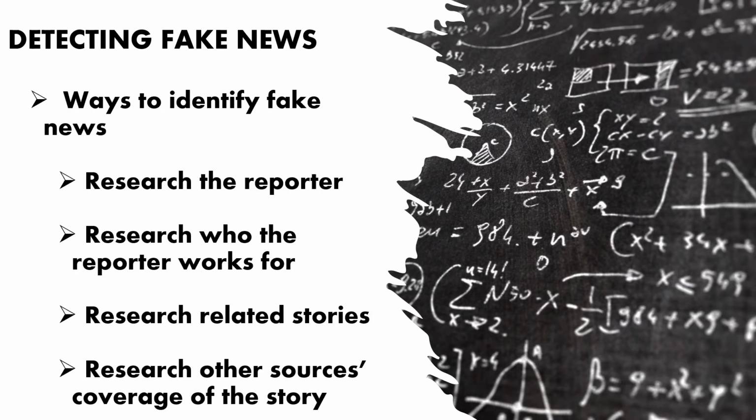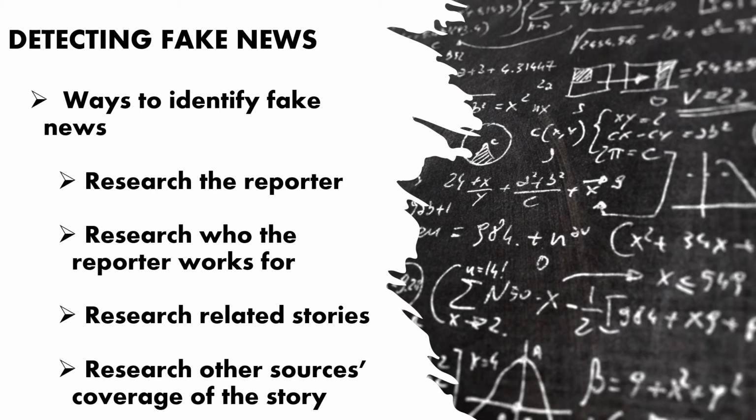Some other relatively easy ways to detect fake news without having to do deep background research to verify the methods and data are to research the reporter. How do they present themselves? Do they express strong political leanings or affiliations that might bias them? Do they receive funding or other benefits from organizations or other sponsors that could influence their perspective or representation?